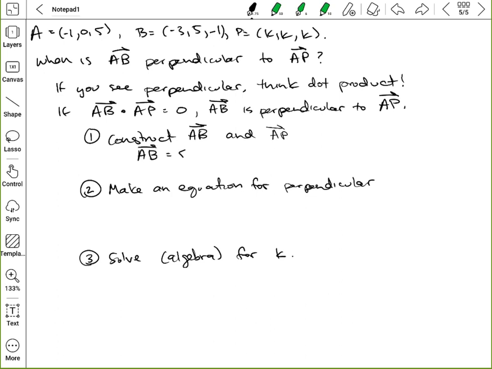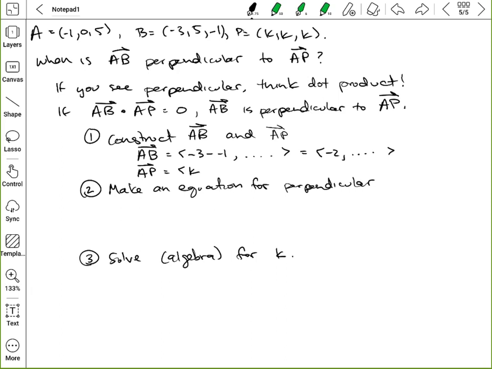So for example, AB is going to be minus 3 minus 1, a bunch of components. So that's going to be minus 2, a bunch of components, for example. Be careful here, with that same thing that's been tripping people up in the earlier problems: if you subtract a negative, it turns into addition. And then AP might be a little bit intimidating, but you're going to do it exactly the same way.